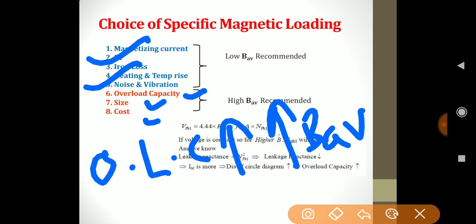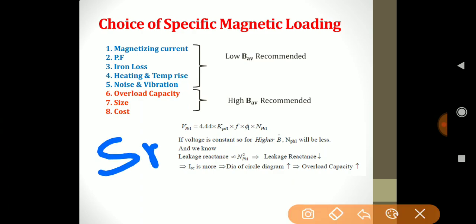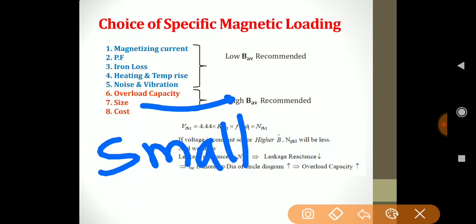It means BAV is directly proportional to the overload capacity. The higher the value of BAV, the higher will be the value of overload capacity. Size of machine: if you want the machine to be small in size, it is recommended to have a high value of BAV.